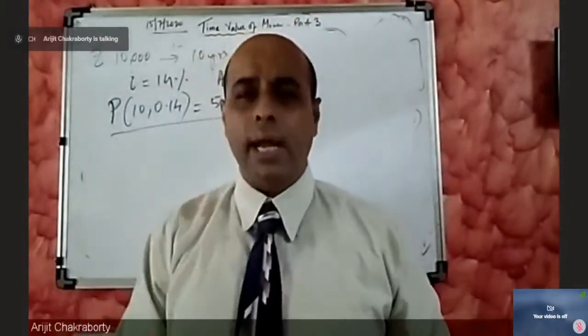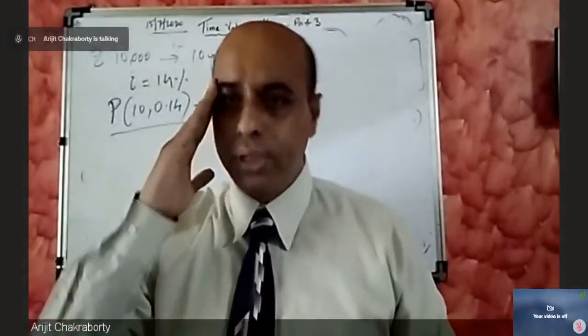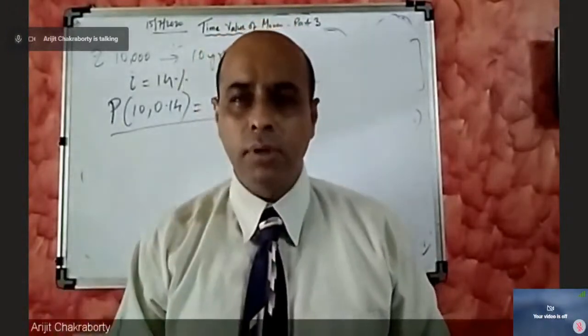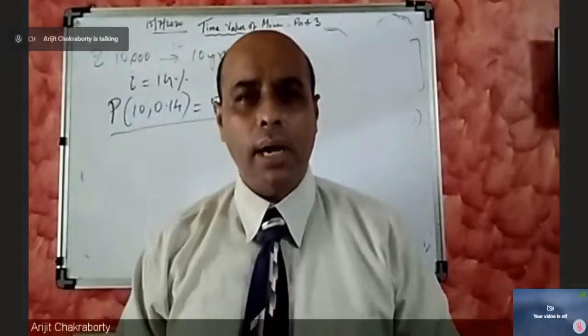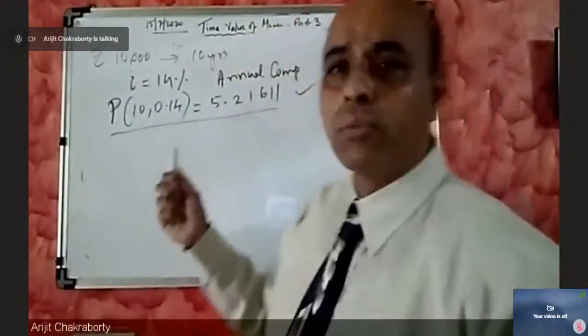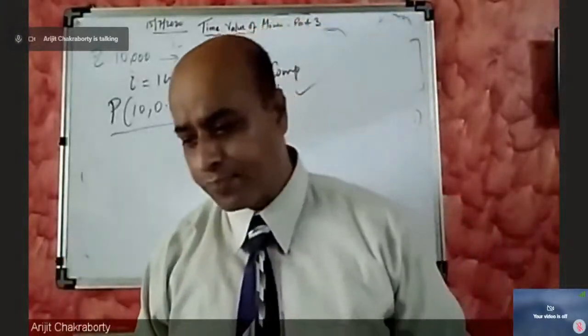So you don't have to do so much calculation. You just have to use your concept, your knowledge, apply your common sense and understanding and solve the problem, because in most cases it will be given in the exam.